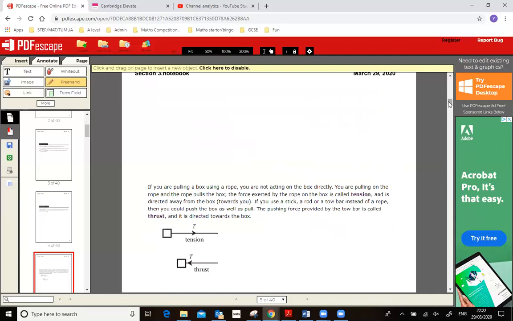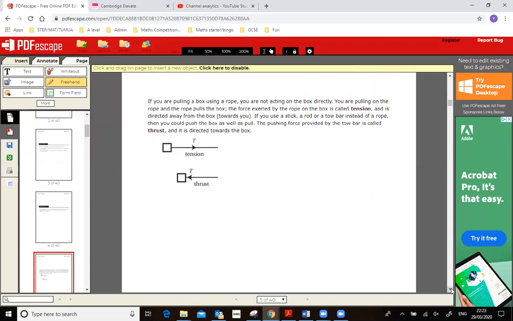Now, when we are moving an object, especially the case when we try to pull or push a box, there's certain things we have to consider. So, for example, if you are pulling a box using a rope, you are not acting on the box directly. You're pulling on the rope, and the rope pulls the box.